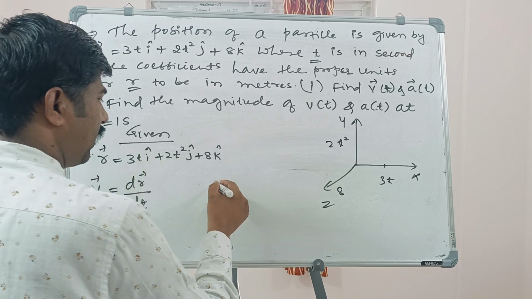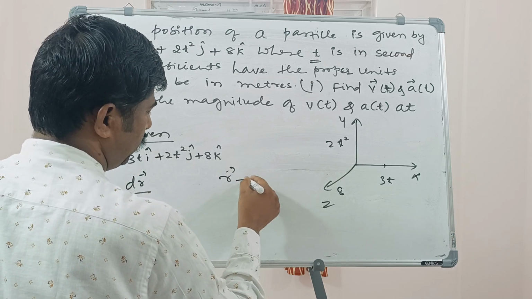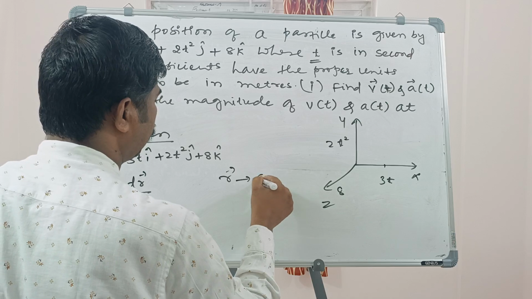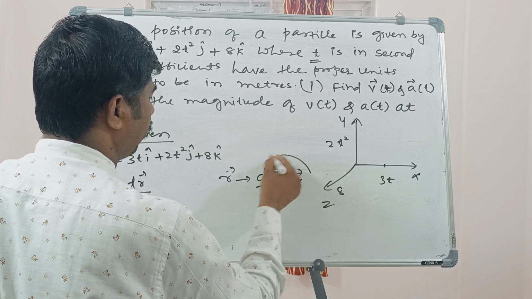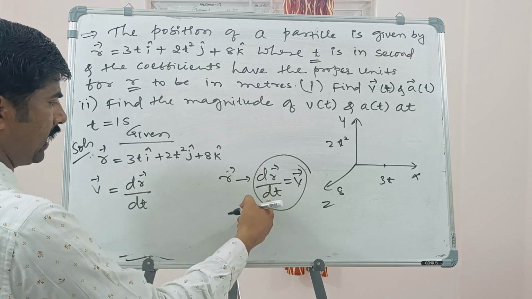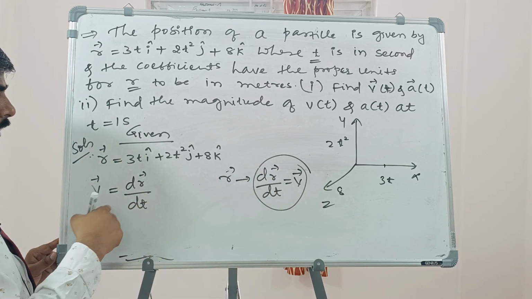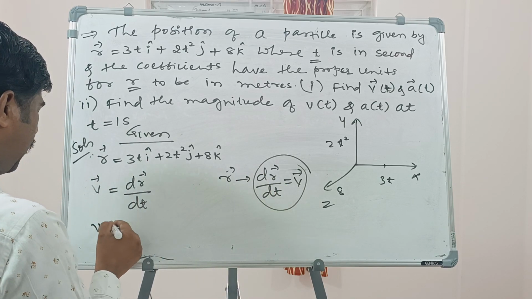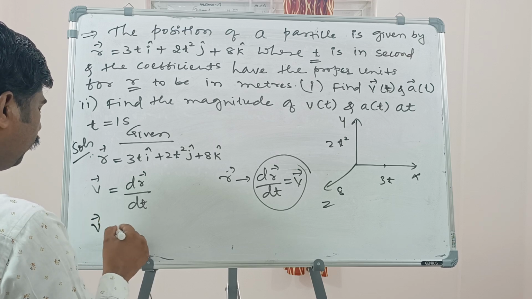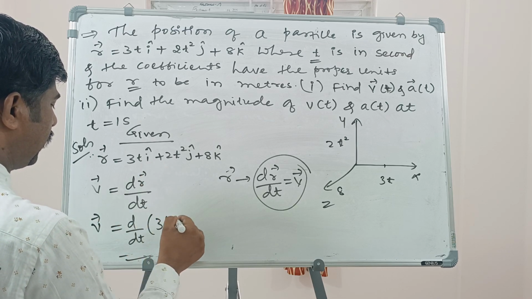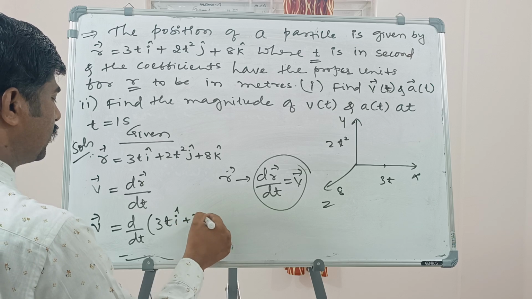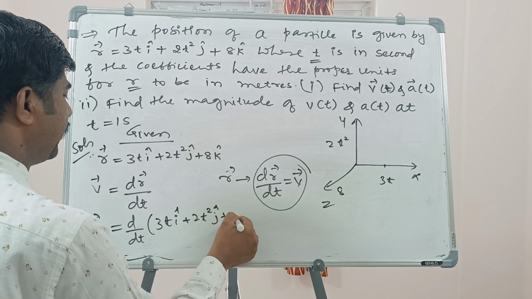So always remember, if you want to go from position to velocity, you have to differentiate with respect to time, dr by dt. This itself is what we call velocity. v is equal to dr by dt. Clear? Okay. Then I will take this differential form, I will write 3t i cap plus 2t square j cap plus 8k.